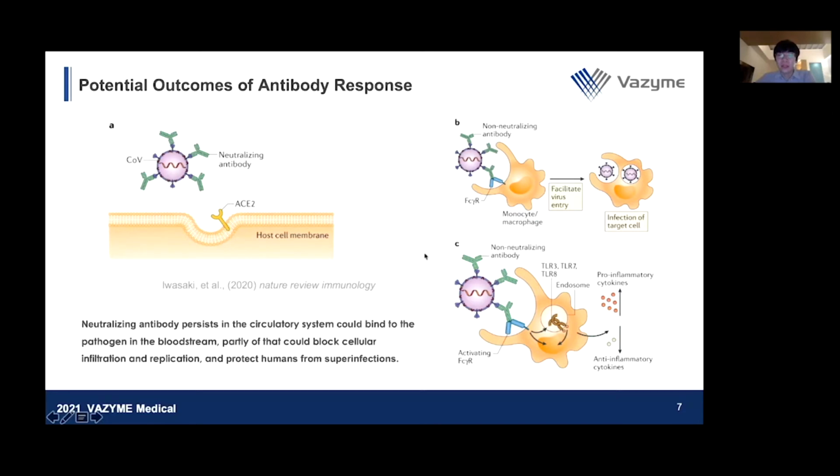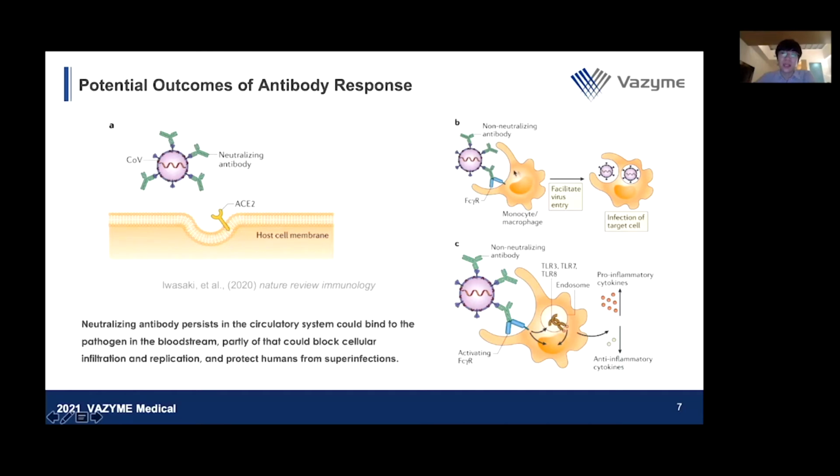However, there are also some non-neutralizing antibodies that combine with other proteins on the virus surface. For those proteins, even though these antibodies can bind the virus, the antibody binding still does not block the virus binding with ACE2, and the virus can still get into the human cell.